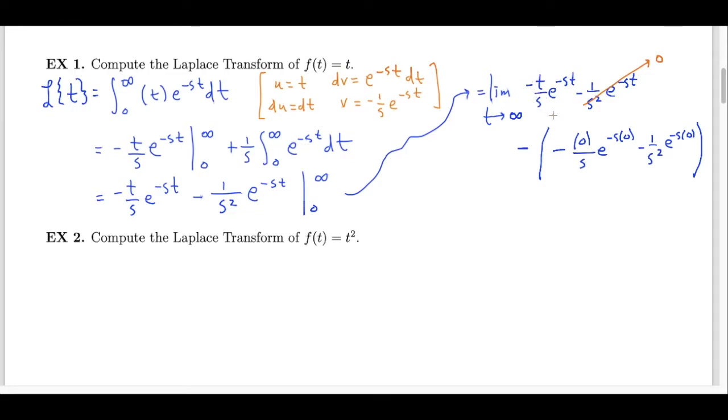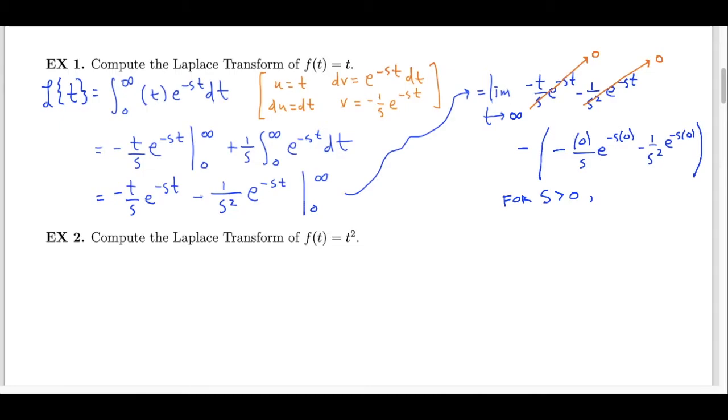Technically, I should be applying L'Hopital's rule, but I've done that enough that I know that in this context, this exponential will win the battle. And even though this t is growing infinitely large, this exponential will go to 0 faster. Therefore, this term will also go to 0. Again, the convergence of those two terms is contingent on s being positive. So I'll note that down here as part of my solution.